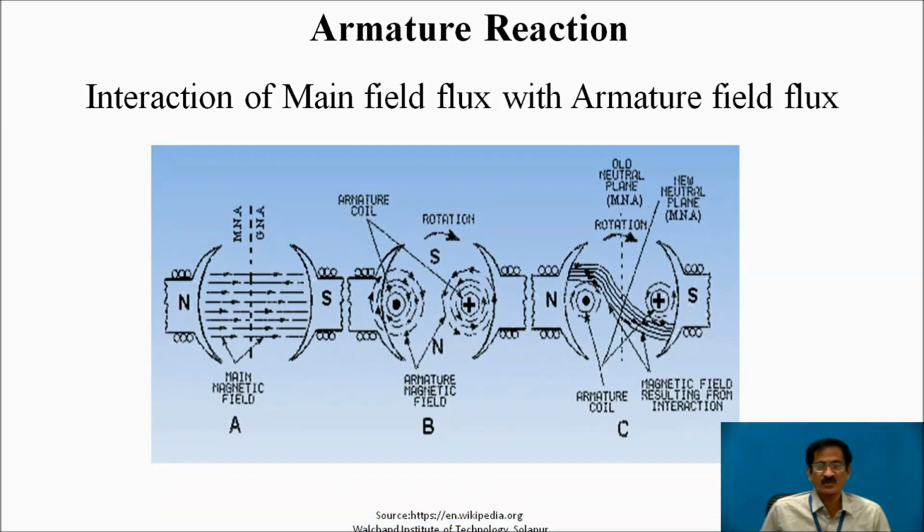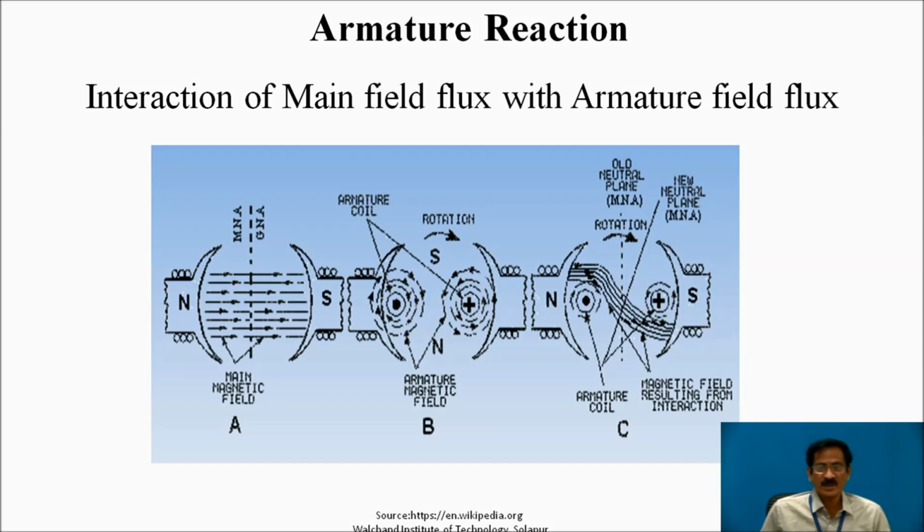Interaction of main field flux with the armature field flux. As I told you earlier, there is an interaction of two sets of flux. One is shown on the left-hand side, a straight flux moving from N to S pole due to the presence of the magnetic field, and in the middle figure you will find the circular flux.